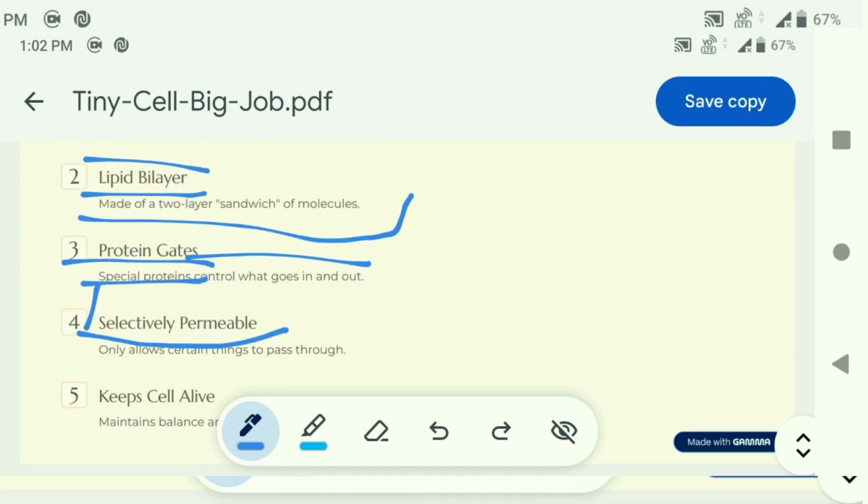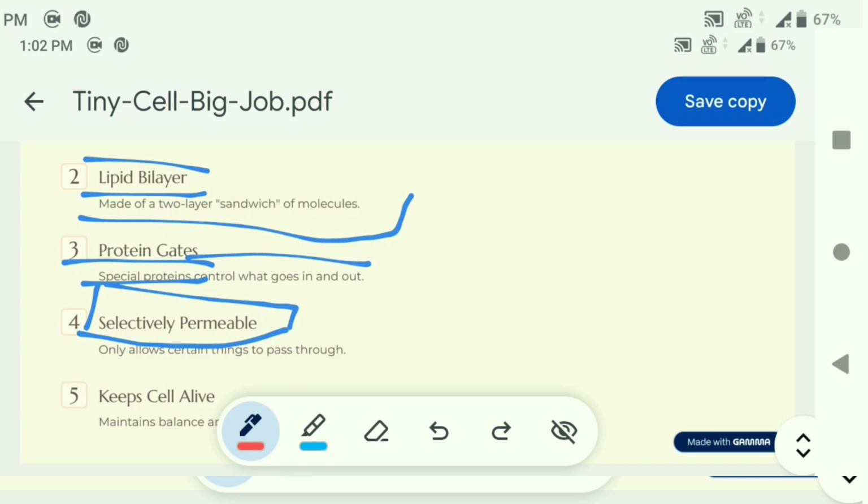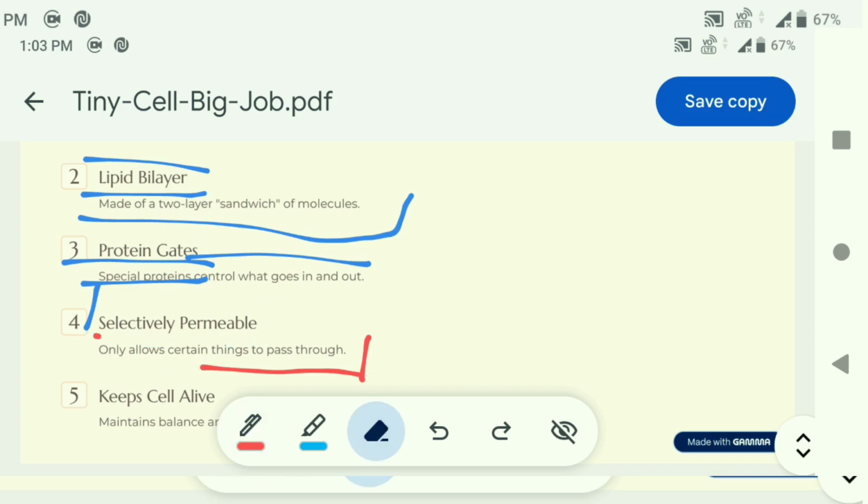The cell membrane is selectively permeable, and this is a very important property of the cell membrane. It allows only very certain things to go inside or outside of the cell. That's why it is selectively permeable.